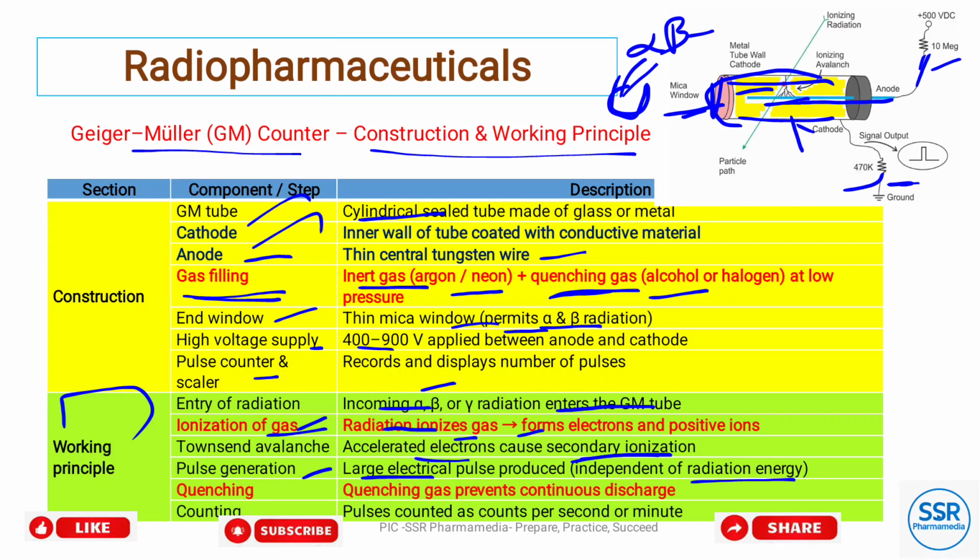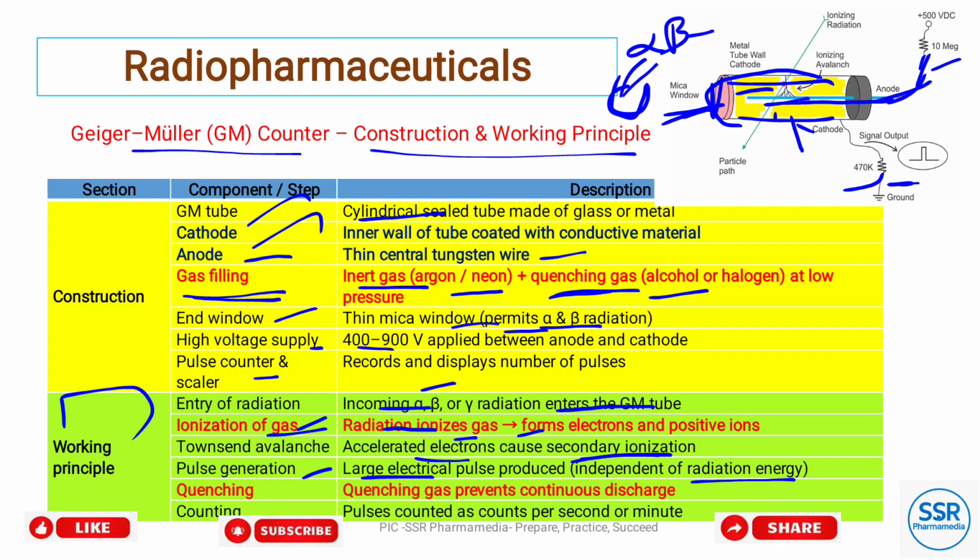So the produced electrons produce the pulse. When radiation enters, it gets ionized, and this ionization produces a change in the scaler, that means the pulse counter.